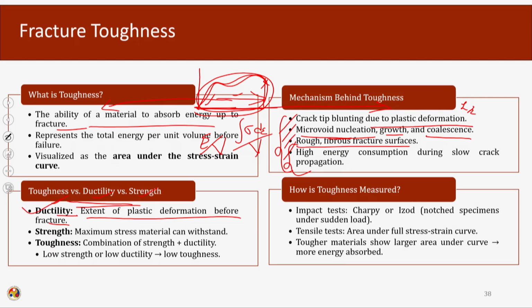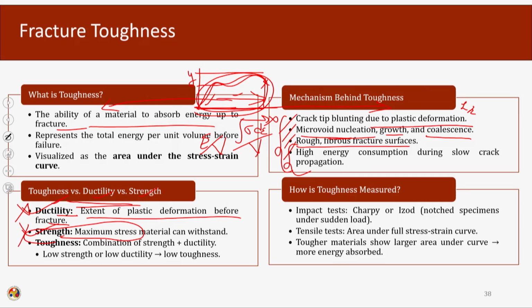Strength is the maximum stress that the material can withstand, depending upon whether we look at the yield stress or the ultimate stress. One is on the x axis, one is on the y axis: ductility lies on the x axis, strength lies on the y axis.